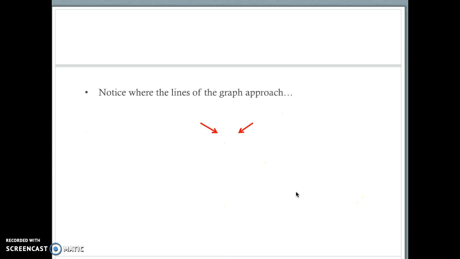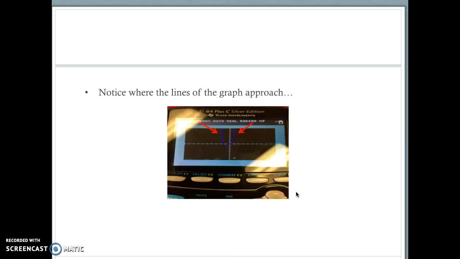Notice where the lines of the graph approach. They're approaching, see the arrows? They're approaching upwards, so it's going to be positive infinity. As x approaches negative infinity over here on this left side, it's still going to be positive infinity up here. And as x approaches infinity on this side, your y value, or the function of x, is still going to be positive infinity.